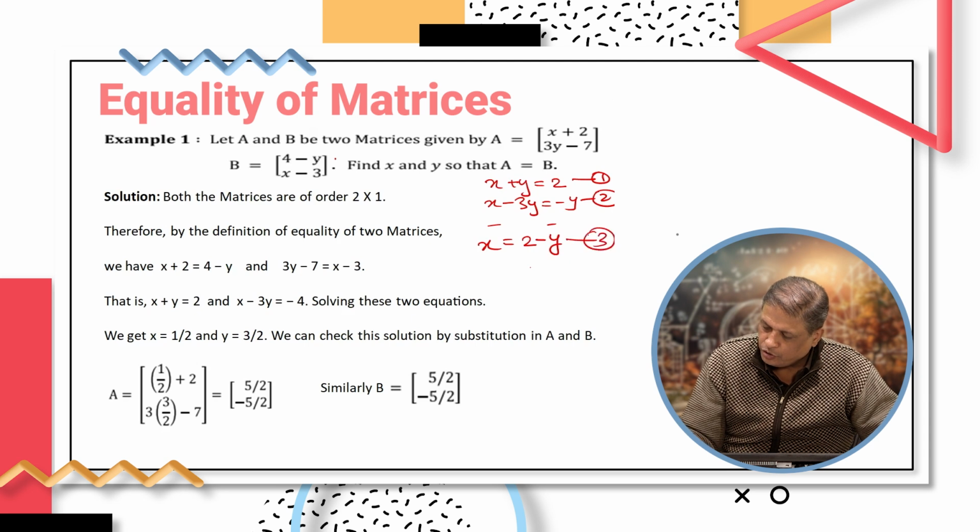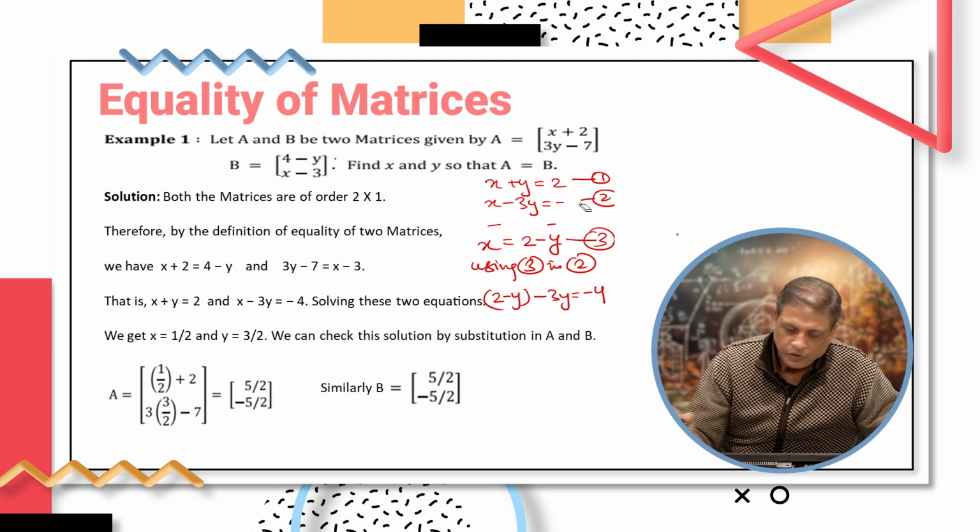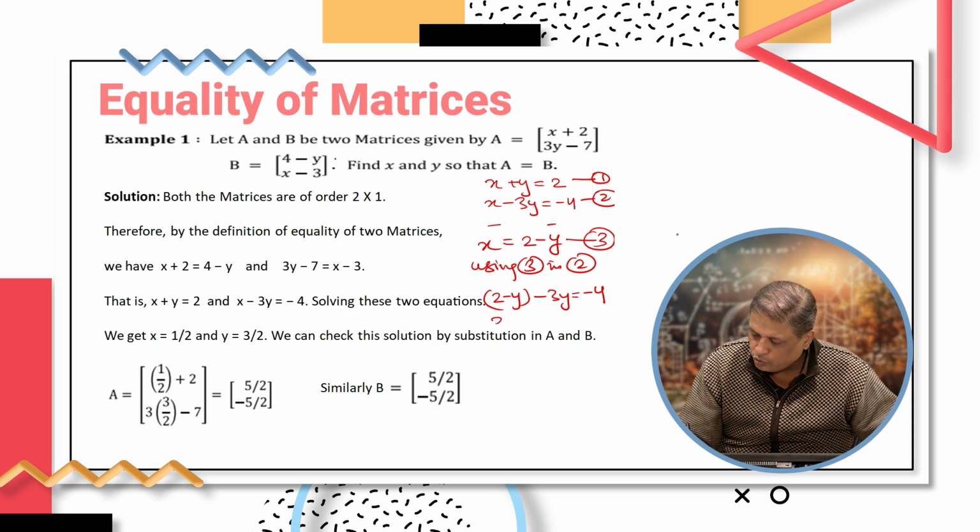Using 3 in 2, we get 2 minus y minus 3y is equal to minus 4, that is 2 minus 4y is equal to minus 4.